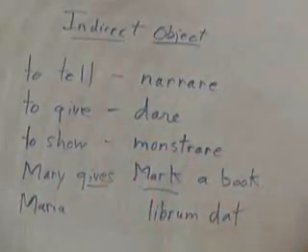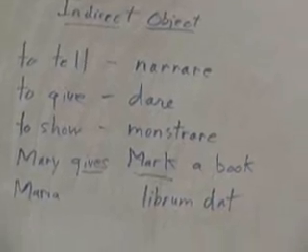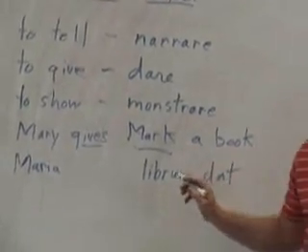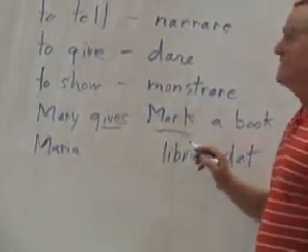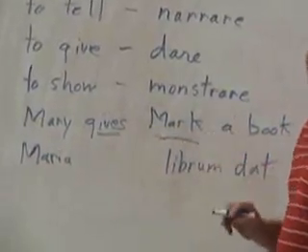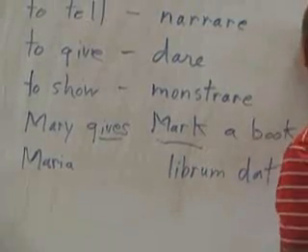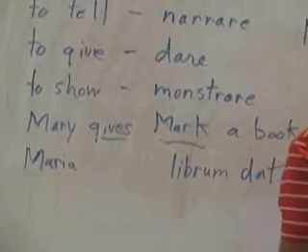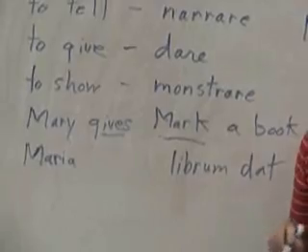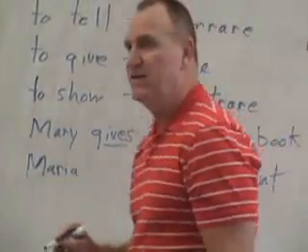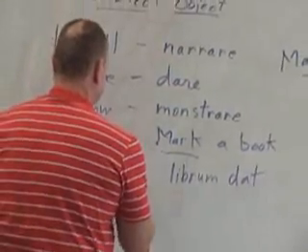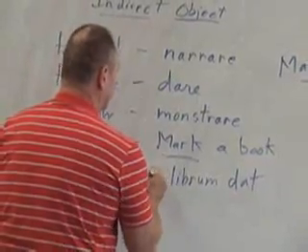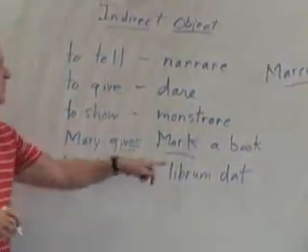Librum. Liber, libri, libro, librum, libro. Library. Okay? So there's your direct object. Maria, Mary, gives a book. We need an indirect object. We need to take Marcus, who was a second declension noun, and make him into a dative. The dative singular of the second declension, look at your chart, ends in O. So this is going to be Marco, just like Marco Polo, there it is. Maria Marco librum dat.